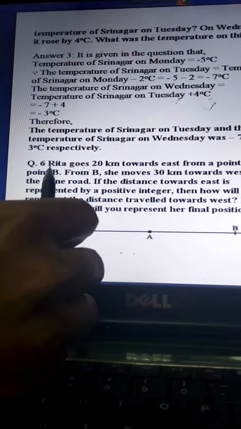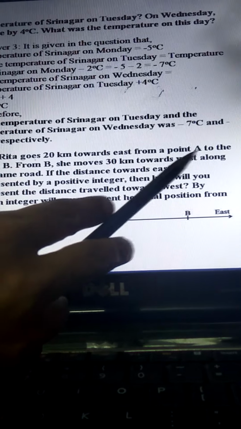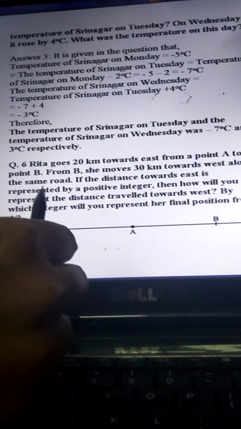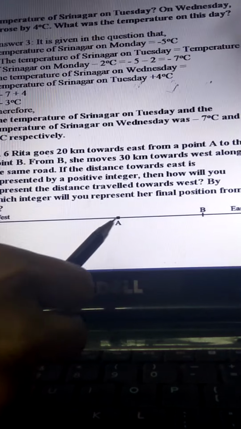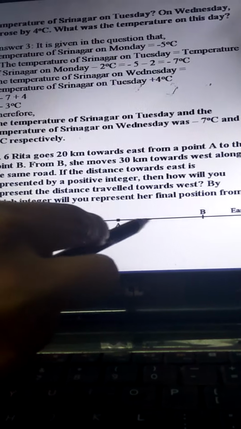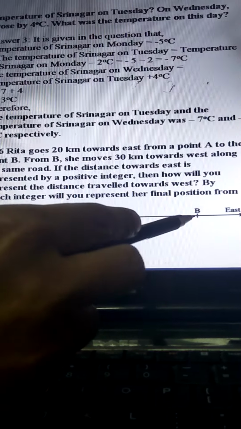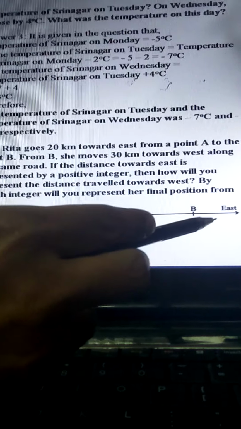Students, question number 6 is: Rita goes 20 kilometers towards east from a point A to point B. Right? So this is point A and this is point B. Rita is standing here. She goes 20 kilometers from point A to point B, and that too in the east direction.